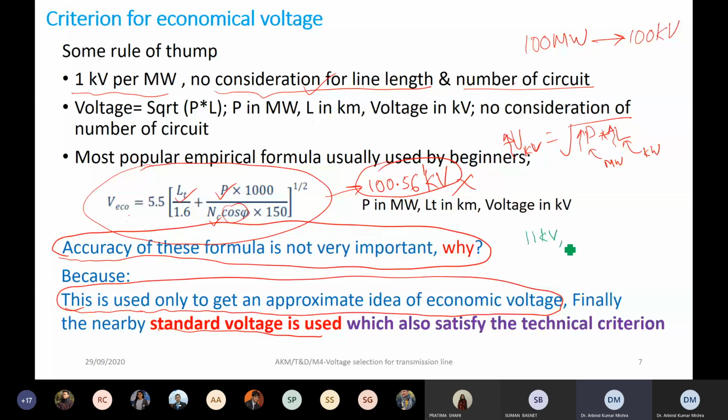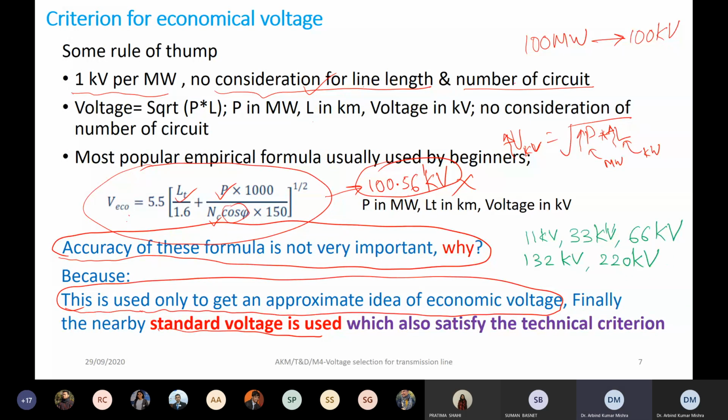11 kV, 33 kV, 66 kV, 132 kV, 220 kV, right?